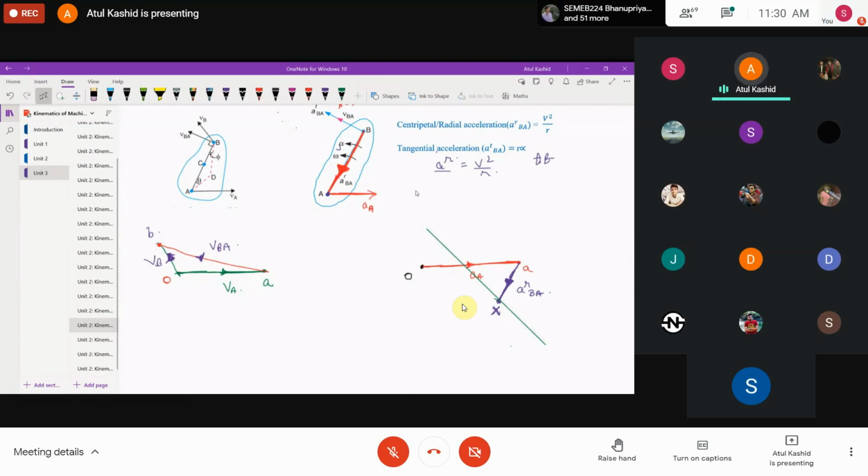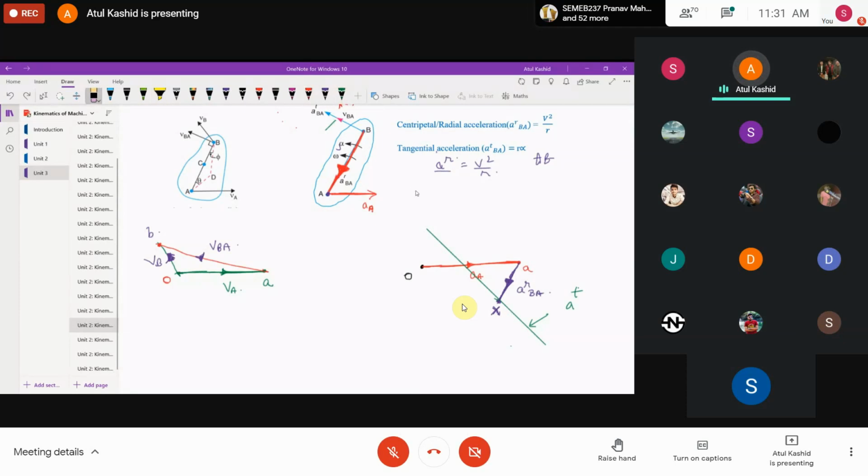So now what is this? This is my direction for the tangential acceleration, right? Now, what we are going to do is go for the intersection point, right? So this is my tangential acceleration now. And I've drawn this for the tangential acceleration, and you can see this line is parallel to what is shown in the figure, right?